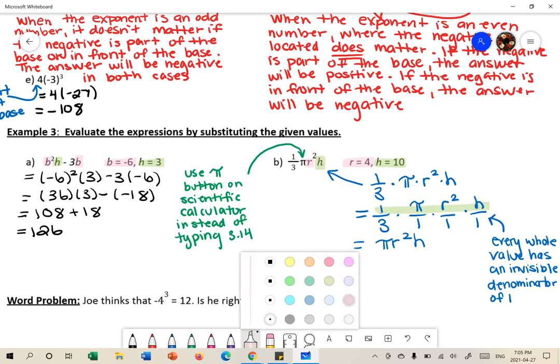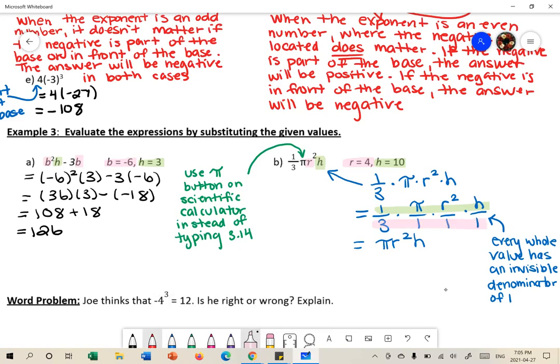Next, we're going to multiply all of our denominator values together. 3 times 1 times 1 times 1 is 3. So another way of writing part B, the expression that is provided to us, is pi times r squared times h all over 3.